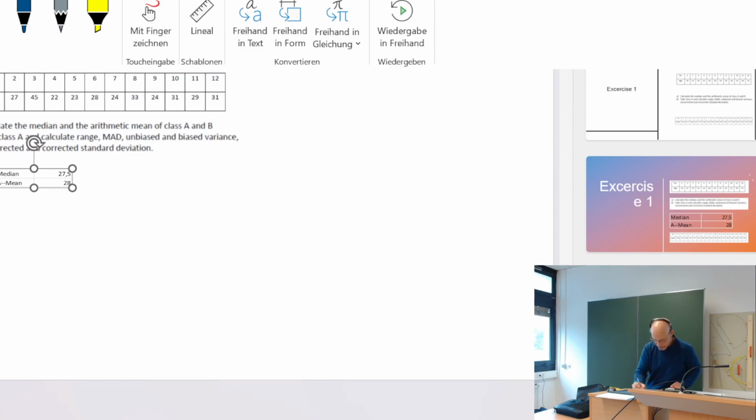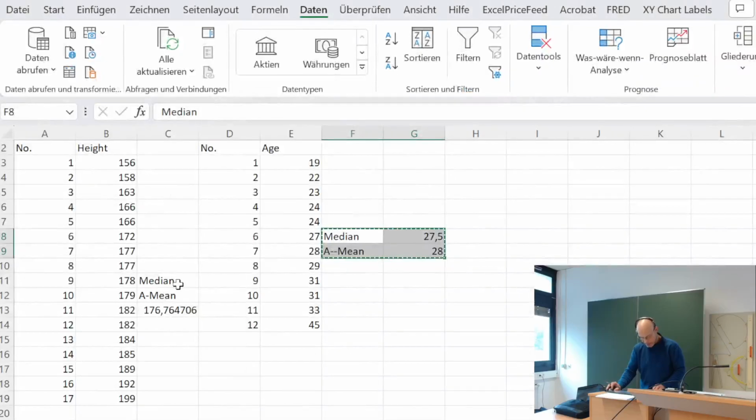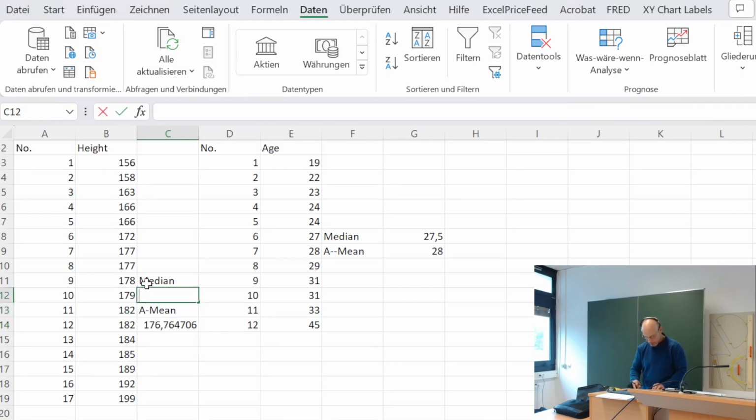Would be then A for class A, and for class B. Oh, sorry. This was B, and let's put this one equals 178.